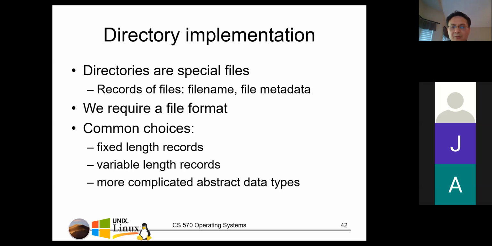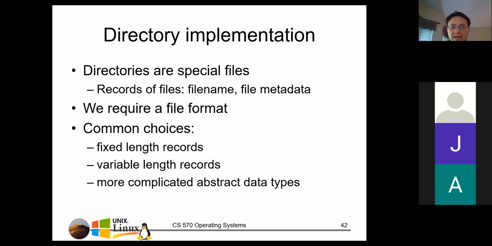I will show you a diagram so you will understand what I'm talking about. But in all cases, basically, the directory system maps the file name onto the information needed to locate the data of that file.